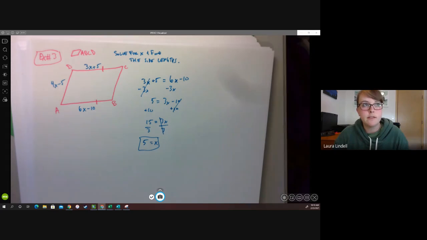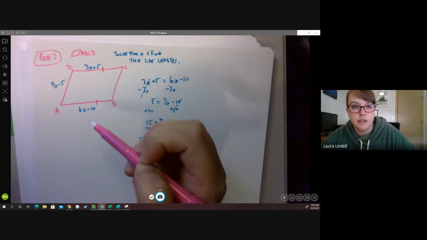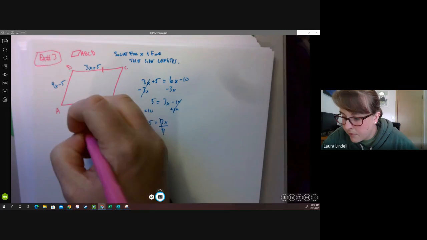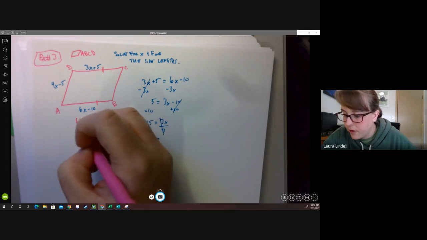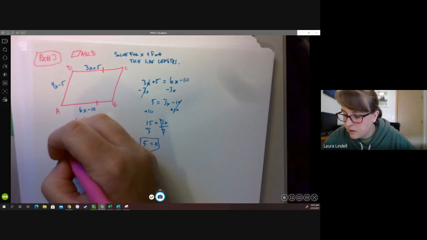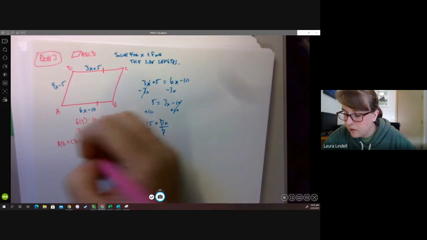And then we need to find the side length. So that means I need to go and plug it back in up here. And really, I only have to plug it into 2 of these things because opposite sides are congruent. So 6 times 5 minus 10 gives me 30 minus 10, which is 20. So that means that AB and CD are 20.